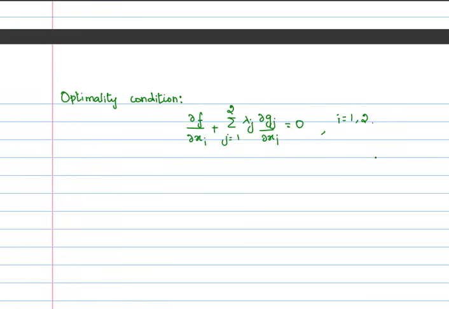So I want to calculate ∂f/∂x1. For i equal to 1, taking the derivative with respect to x1 gives 2x1 minus 4 plus lambda 1 times 1 minus 2 times lambda 2 equal to 0.